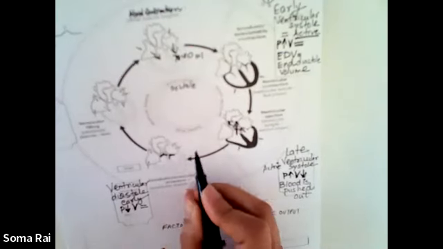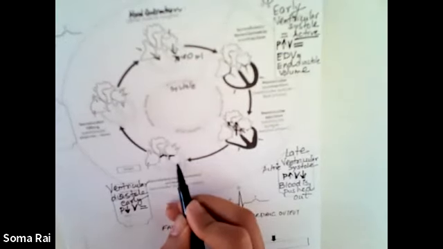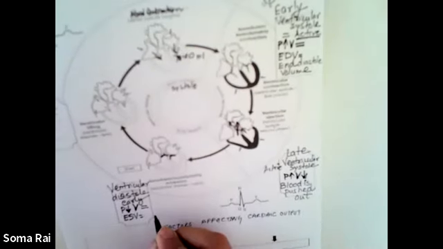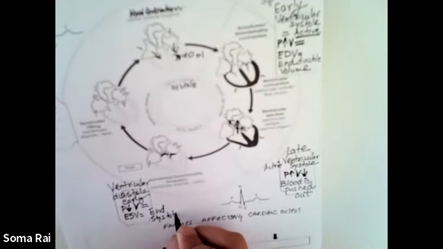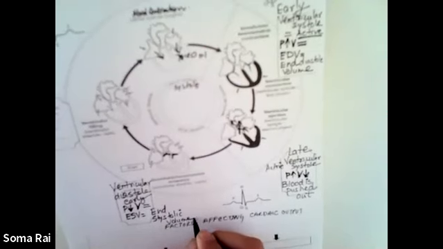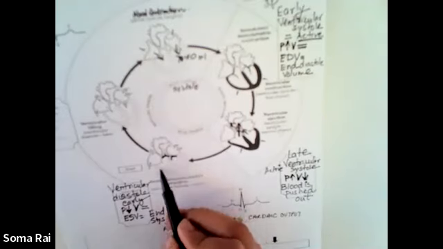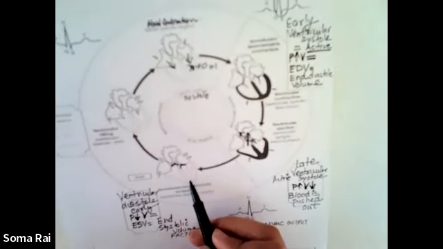It's not able to push out everything. So that volume of blood that remains is called ESV, or end systolic volume. There's some amount of blood remaining.